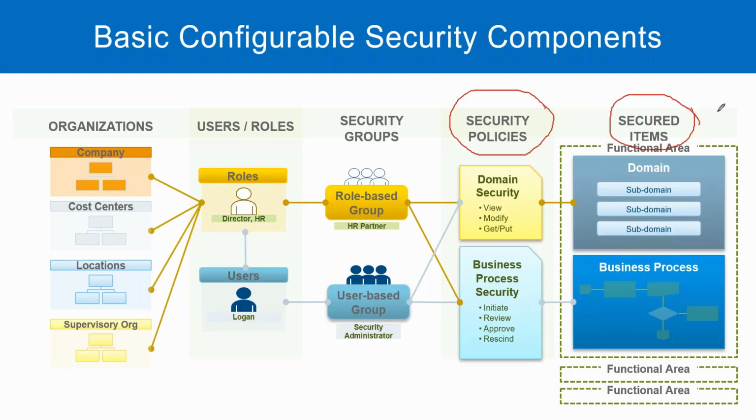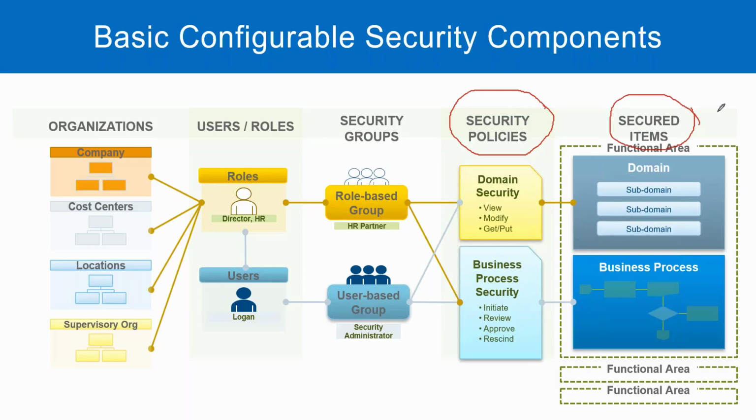Correct? Similarly, think about schools. School A, school B, school C, school D. They are in different parts of the city. But the traffic rule applies absolutely in the same manner for each and every school. Correct? Similarly, let's say the supervisory organization is a secured item.